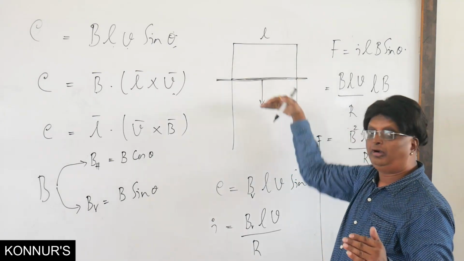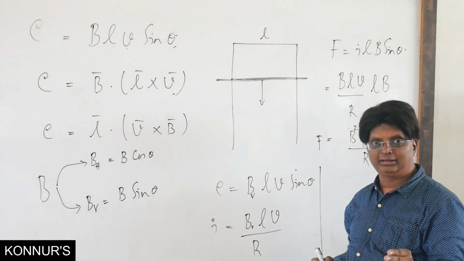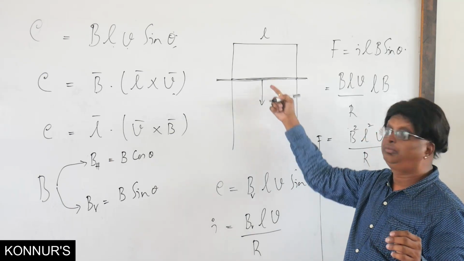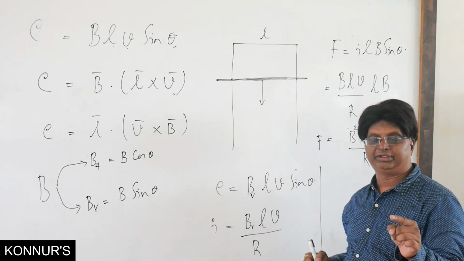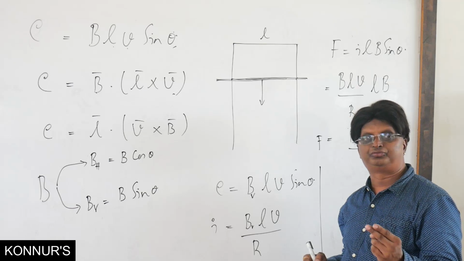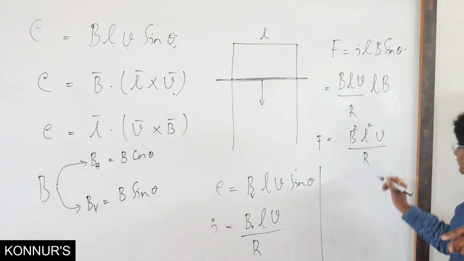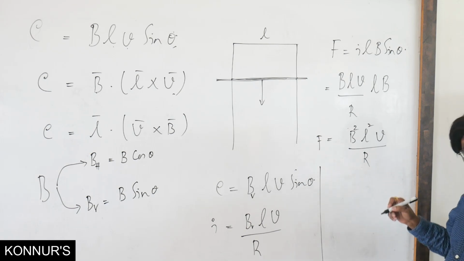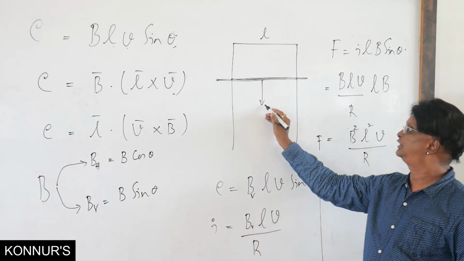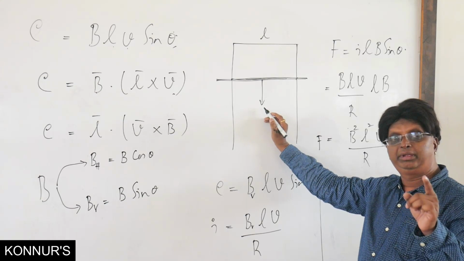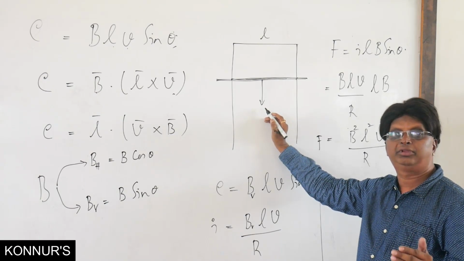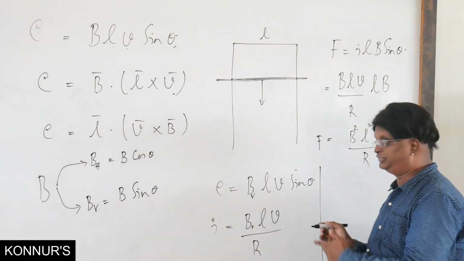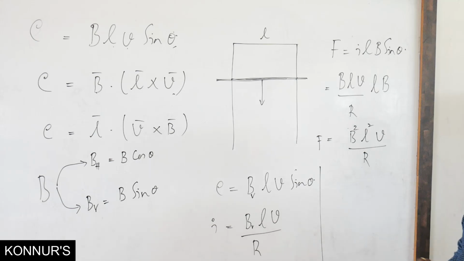Therefore, this fall will be with acceleration for a while, and soon this will acquire a uniform velocity. Why uniform velocity? Because mg is balanced by this force B squared L squared V by R. Net force becomes 0, acceleration becomes 0, and hence V will be a constant, that is called the terminal velocity.